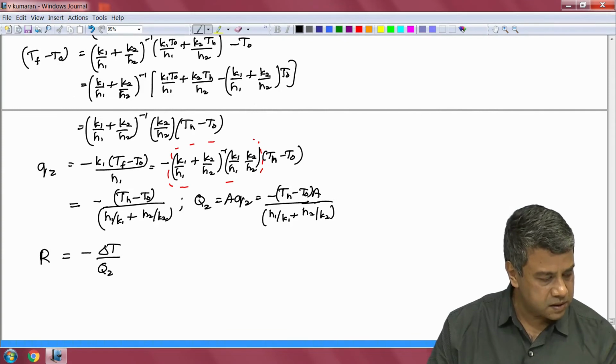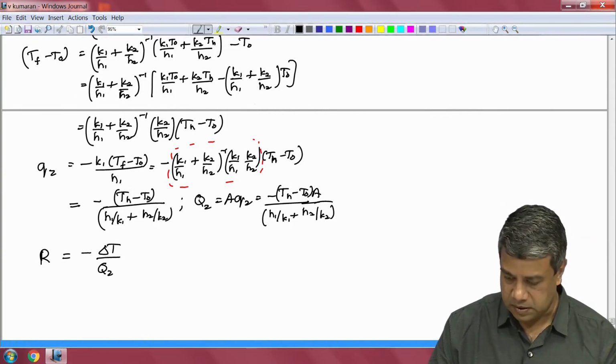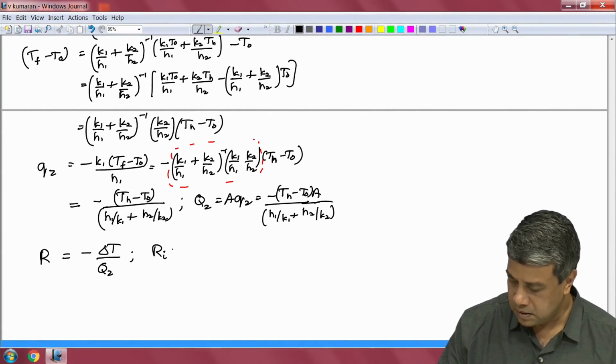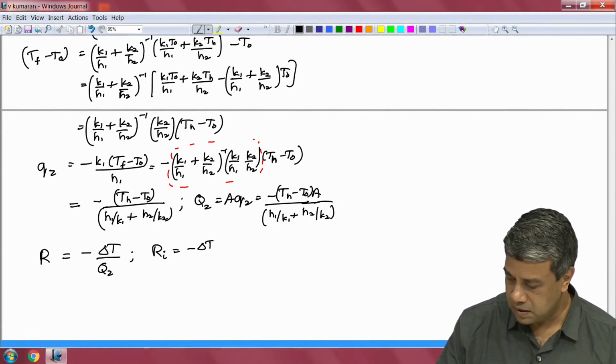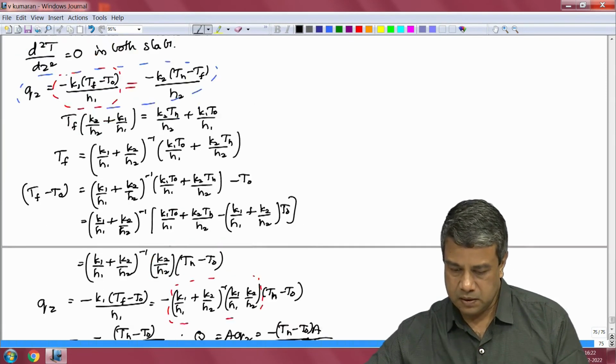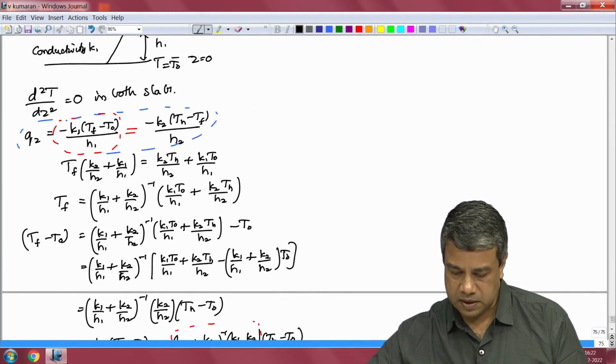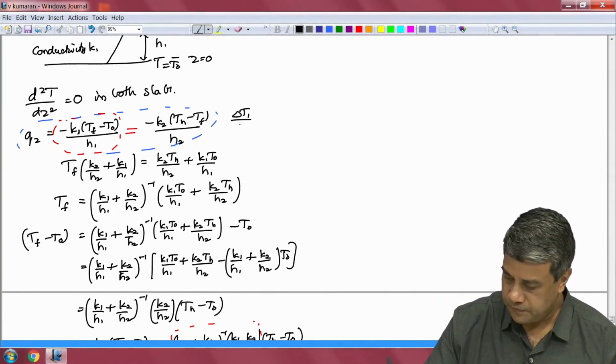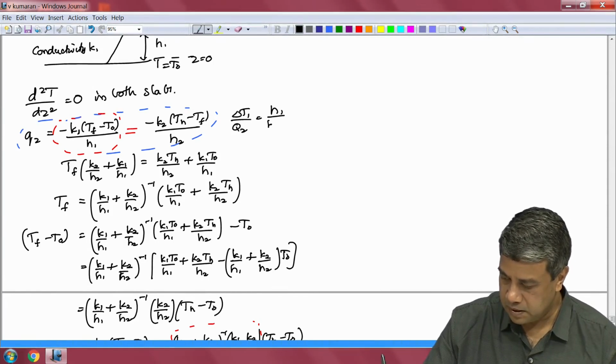The resistance is written as minus delta T by Qz. Okay. The resistance of slab i is equal to minus delta Ti by Qz. And recall that the delta Ti by Qz is equal to H1 by K1A.